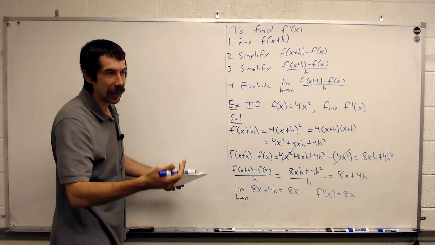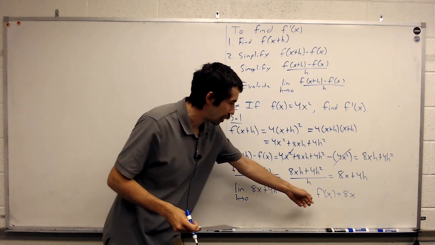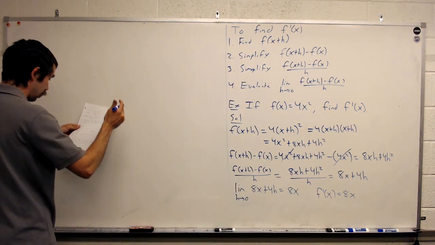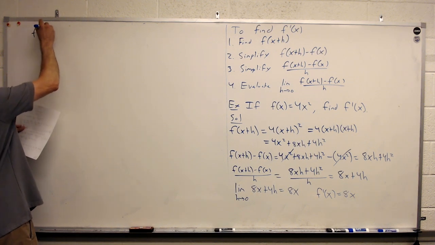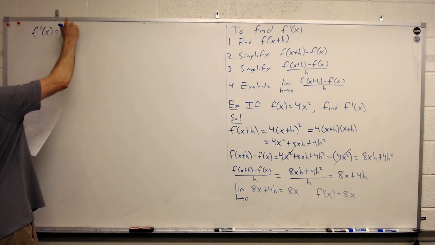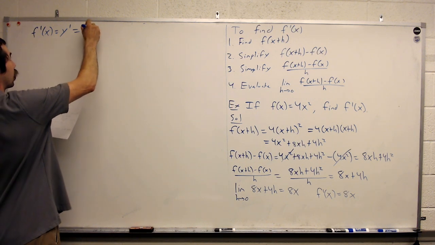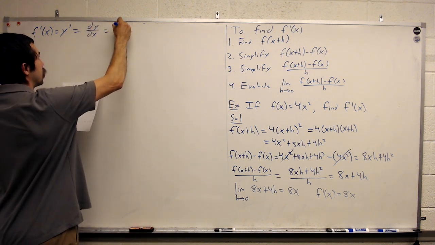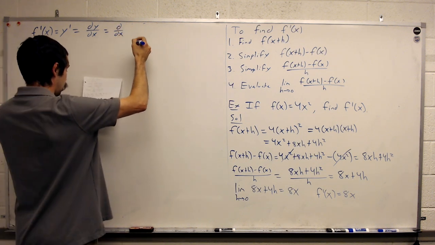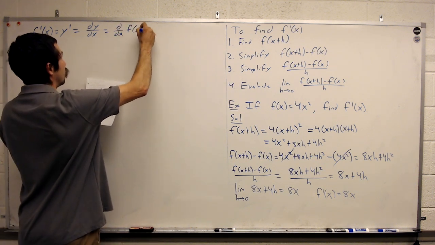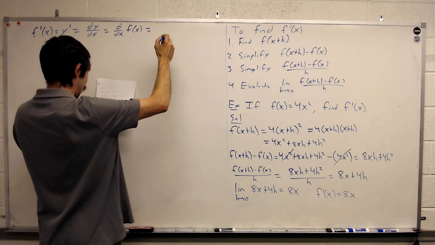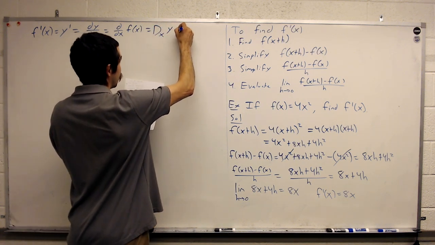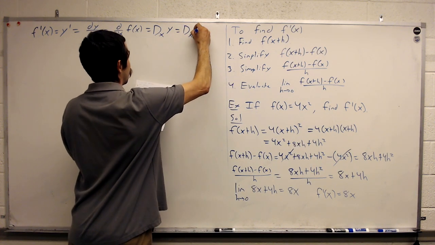So different fields have different notations for derivatives. In math, we use f prime to denote derivatives, but you might also see some other notation. So f prime of x is the same thing as y prime, which is the same thing as dy over dx, which is the same thing as d over dx of f of x, which is the same thing as d sub x y, which is the same thing as d sub x f of x.